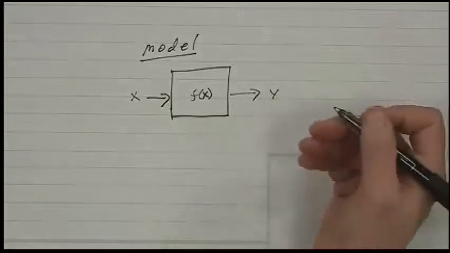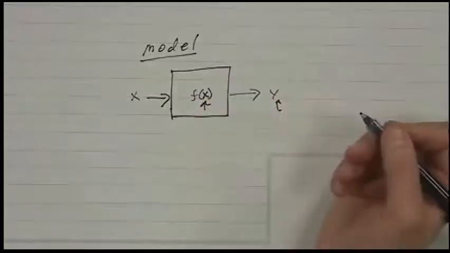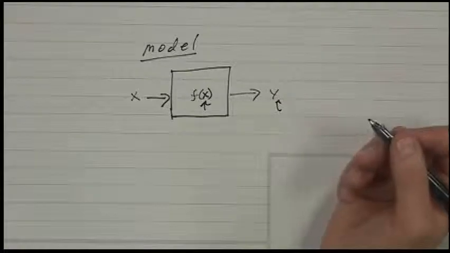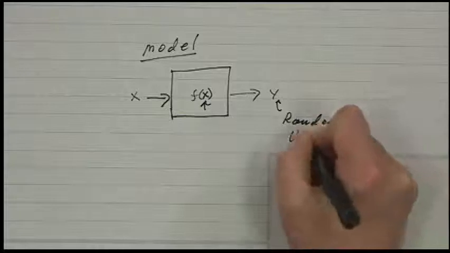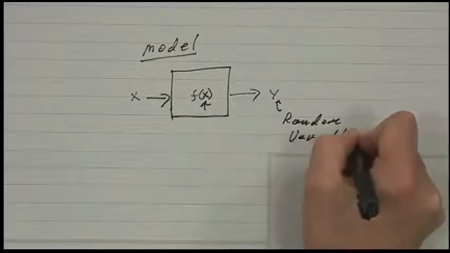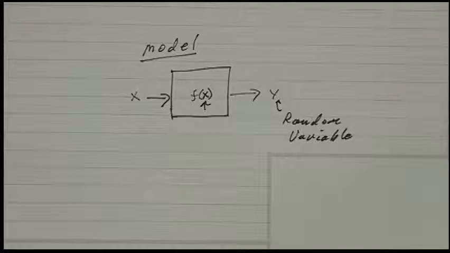And that's where random variables come in. This thing here isn't just a deterministic function. It needs to be a random variable. Random variables fill a huge hole in engineering, because without them, it's very difficult to model uncertainty.